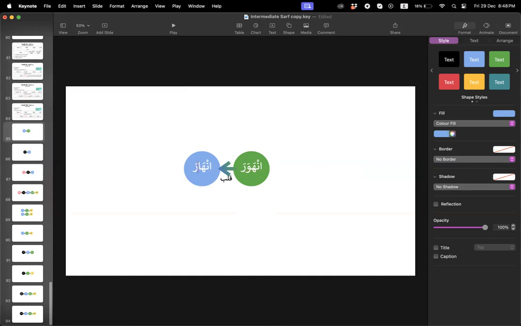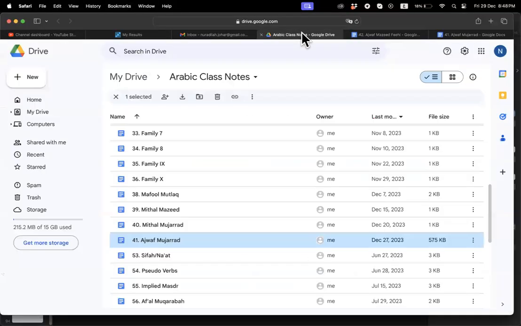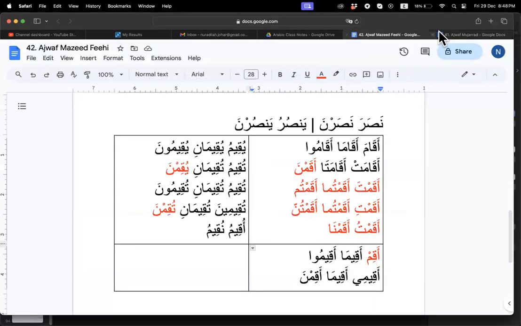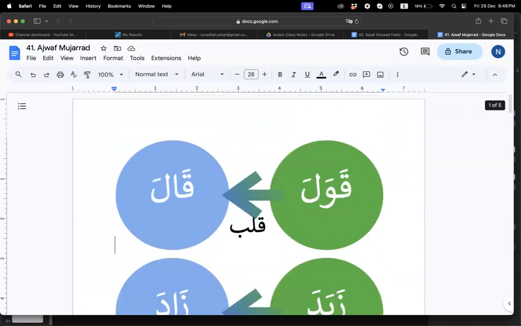Like kola. Remember that day when we did kola? Let me show you. This one, right? Kowala. Same thing. Waw with fathah, before it is a sound letter with fathah. So what happened? Kola.